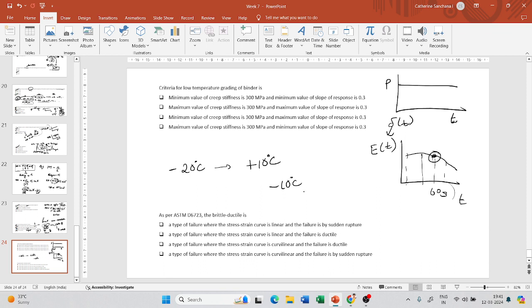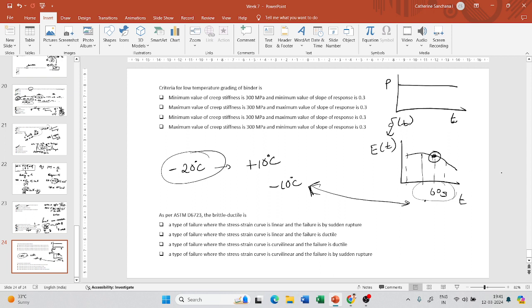There is something relating this 60 seconds with this 10 degrees Celsius. Earlier they saw that if they had to do it at the exact temperature of the place, then they would have to extend the duration of the testing, and then measure the value at an extended duration.